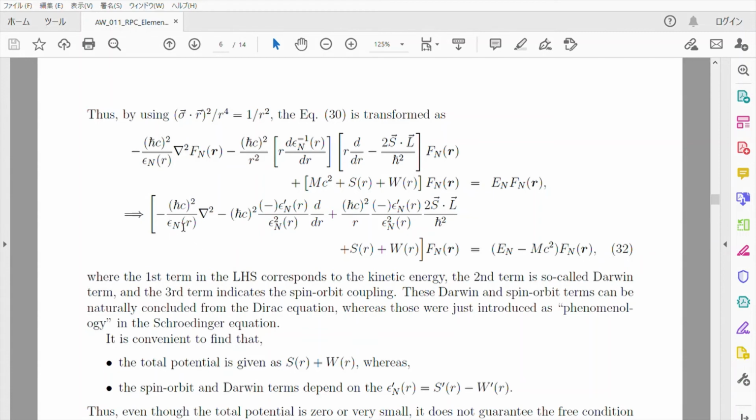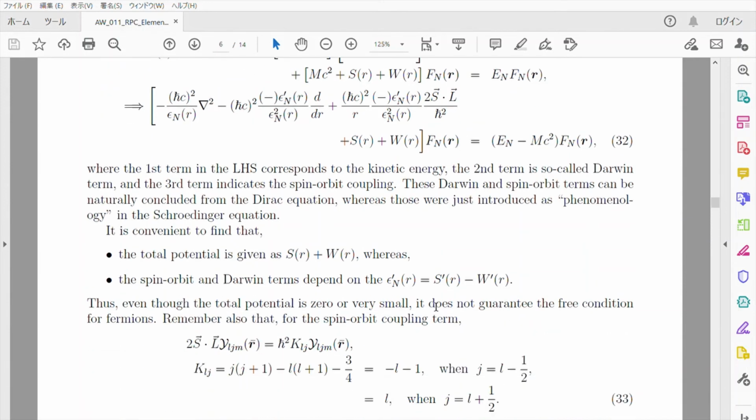the first term on the left-hand side, which corresponds to the kinetic energy, the second term is the so-called Darwin term, and the third term indicates the spin-orbit coupling. These Darwin and spin-orbit terms are naturally concluded from the Dirac equation, as I have shown.